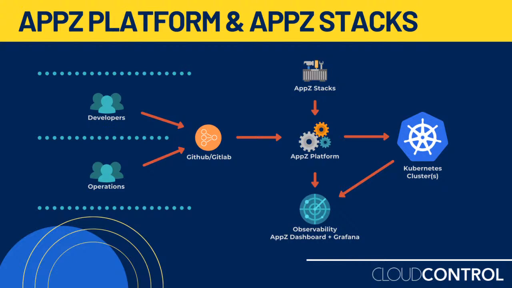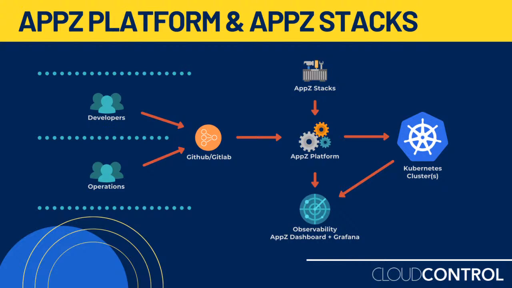That's correct. So this is the application development where we want our clients to focus. AppZ platform builds the gateway, or landing zone, for the cloud and Kubernetes, and they simply start using it without getting into the complexity of how they are architected and how they work.